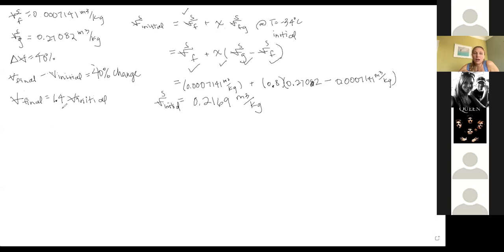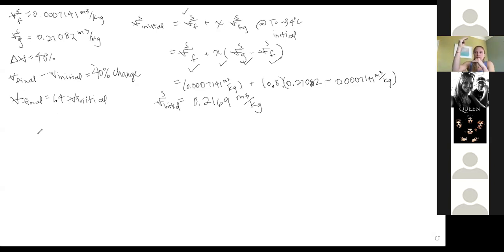So it's not 40%. In the problem statement, we're told that the process is undergone until the volume is increased by 40%. So it doesn't start at 0 and then go to 40. It starts at what it is and then increases 40%. So we have the entire volume that it already was, a value of like 1, or 100% of what it is, right? That's what it's starting at.